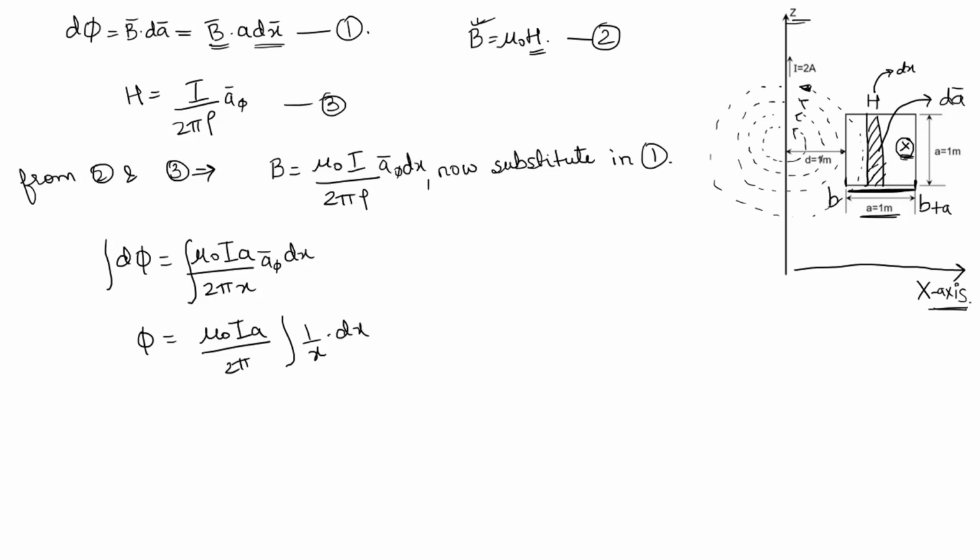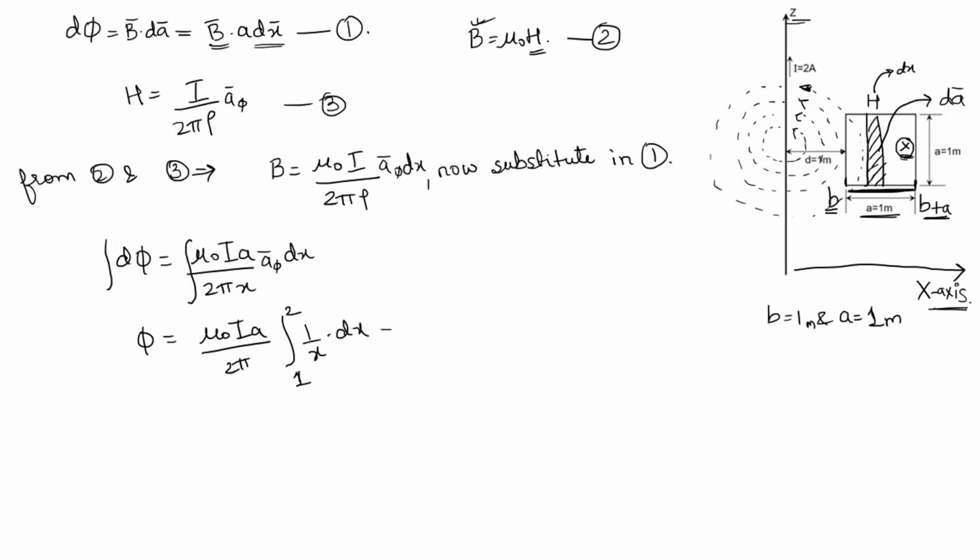Now what are the limits for this x? As we have already seen, this is from b to b plus a. Now what is b? b is also in terms of x. We see the measurement of this distance. b is equal to 1 and a is also equal to 1 meter, right? So we can say that it is from 1 to 1 plus 1, that is 2, right?